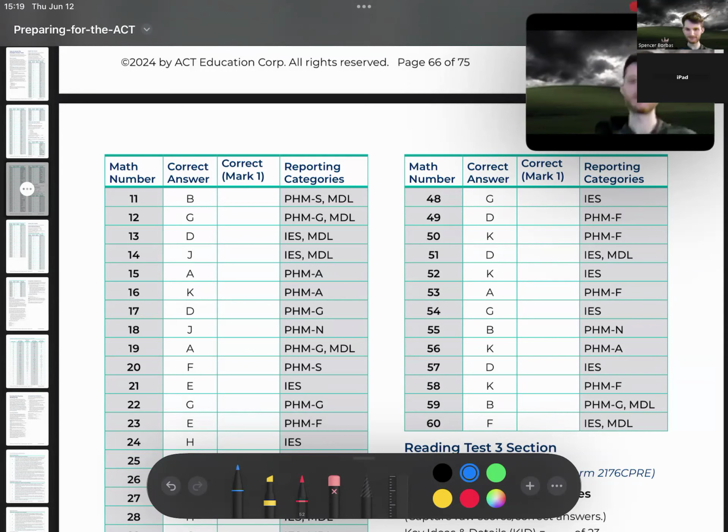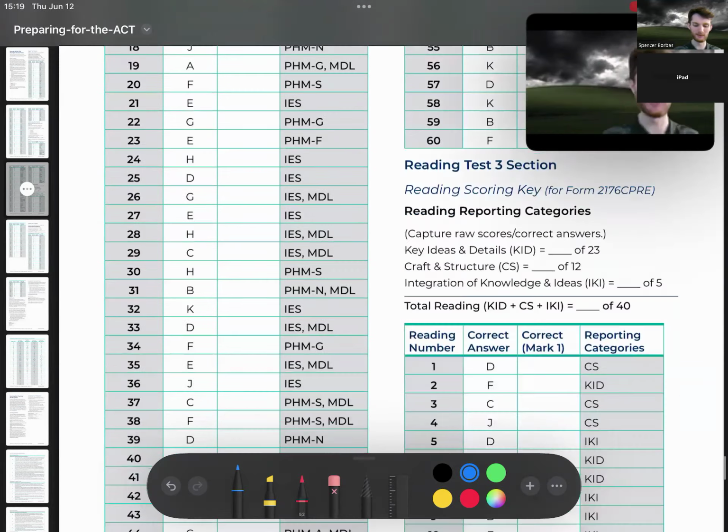All right. I got 15 wrong. Oof. Okay. Which means I got 45 right.